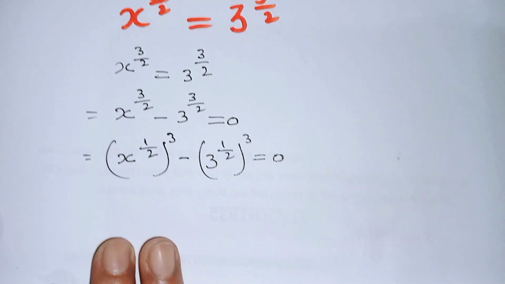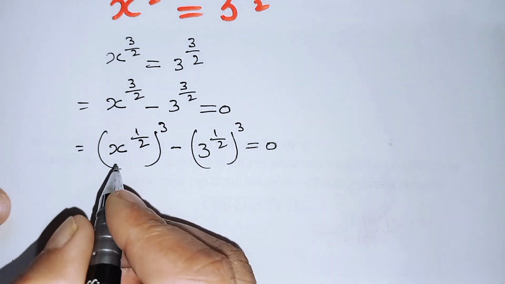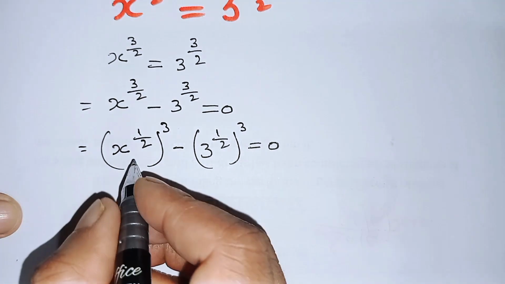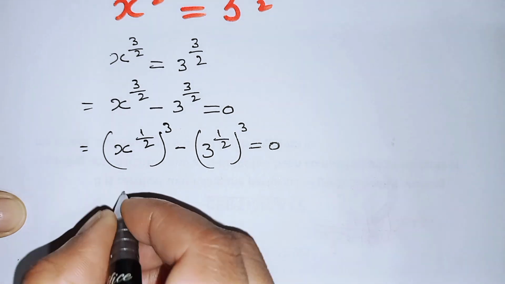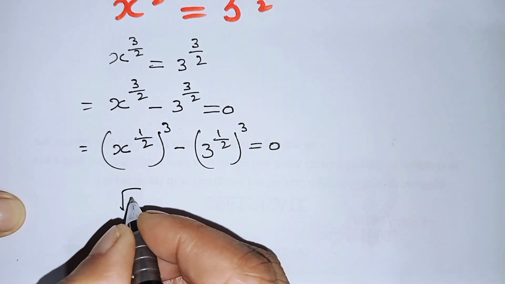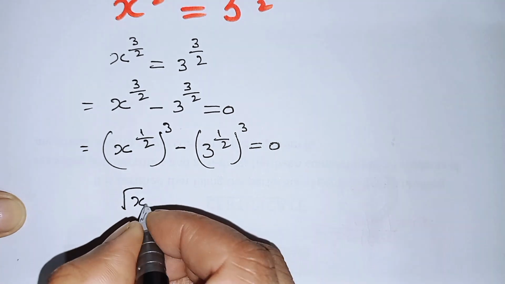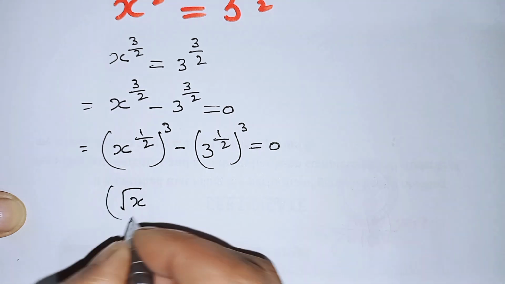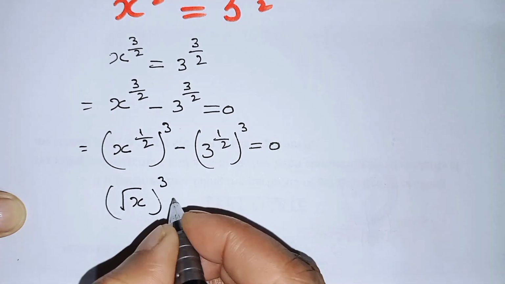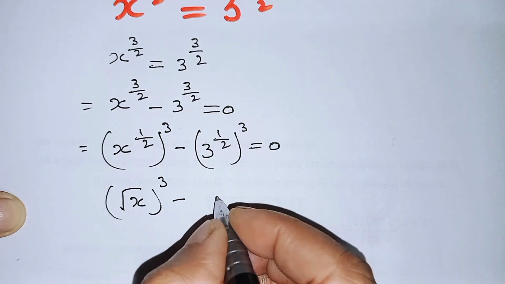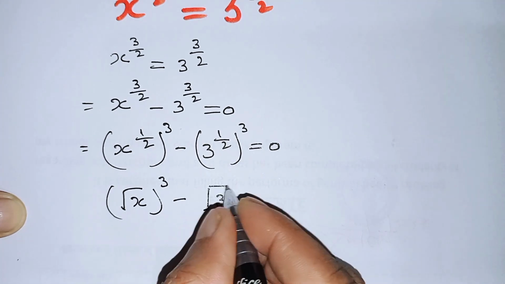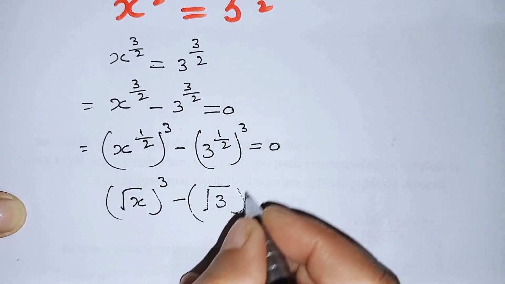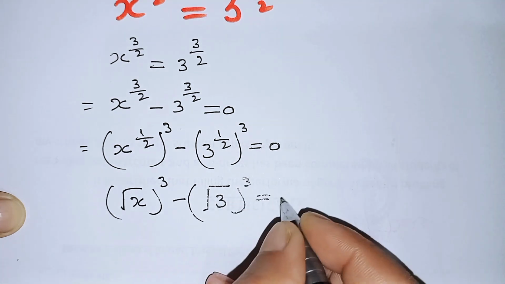In the other step, this 1/2 power can be written as square root: square root of x and whole to the power of 3, minus square root of 3 and whole to the power of 3, is equal to 0.